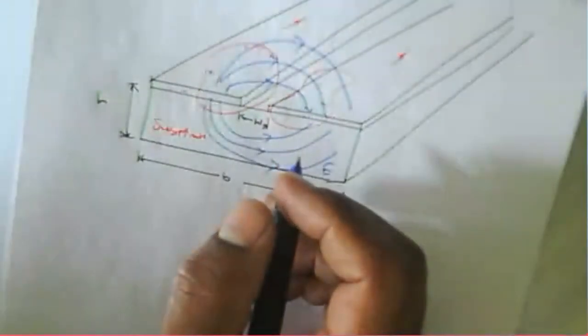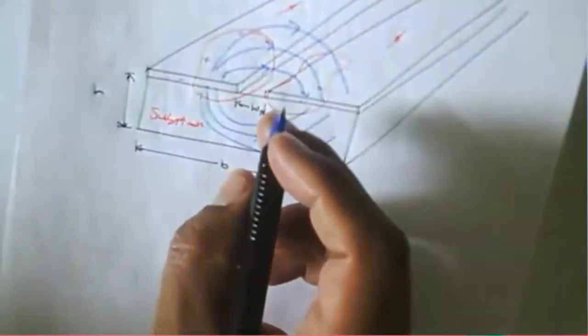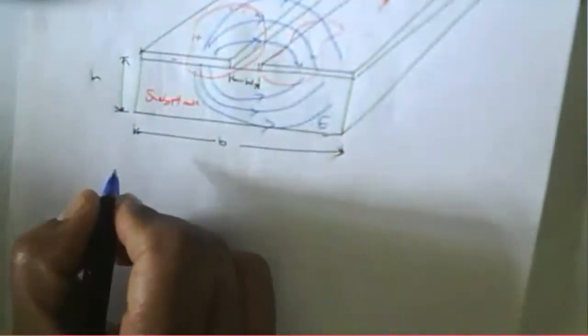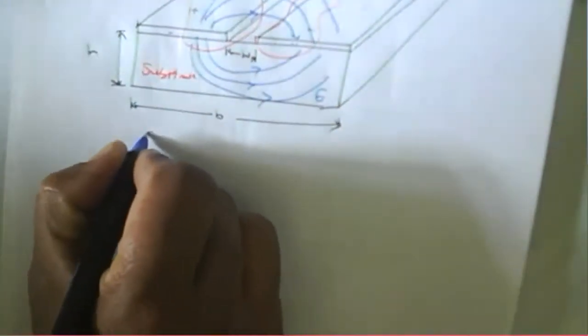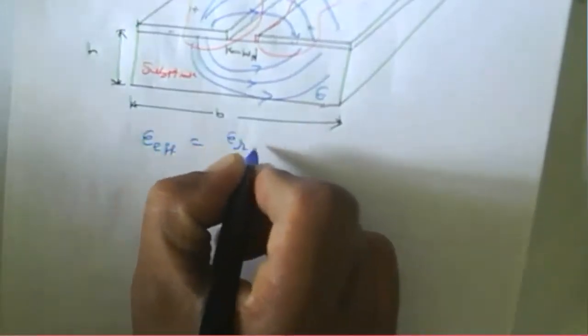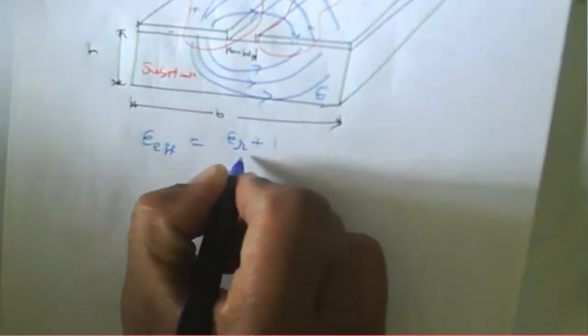A slot can be used as a resonant or a non-resonant structure, so this design can be used as a slotted antenna.